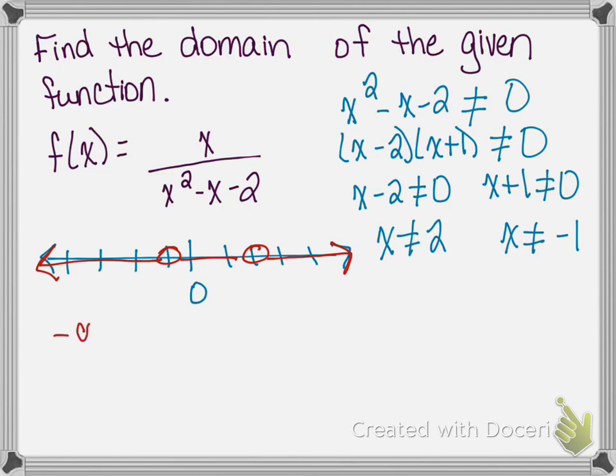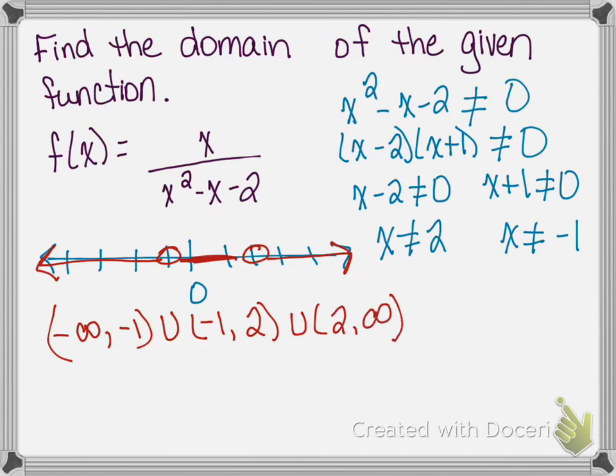So my domain for this is negative infinity to negative 1. Then I've got to address the negative 1 to the 2. So don't forget that part right there. Then I've got 2 to infinity. So that is the domain of this function.